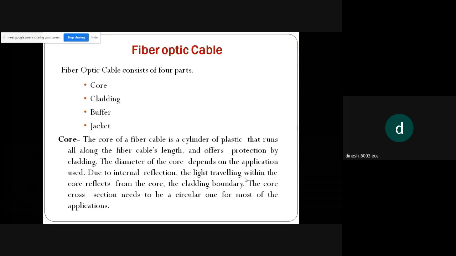This means that the core and cladding have different refractive index values, such that the light traveling through the core moves on to the receiver side by a principle called TIR, total internal reflection, that you are going to see in the subsequent slides. So there will be different refractive indexes for core and cladding.